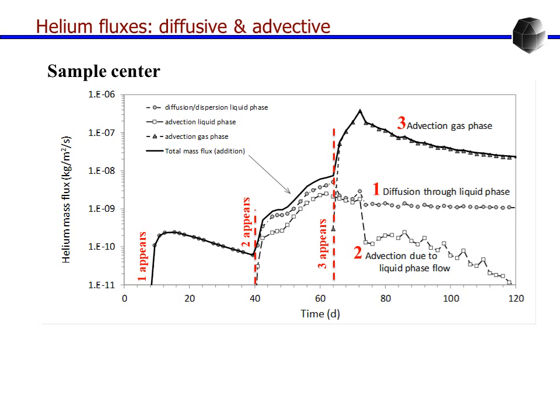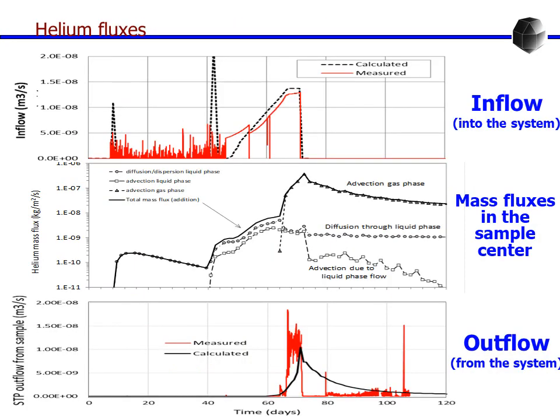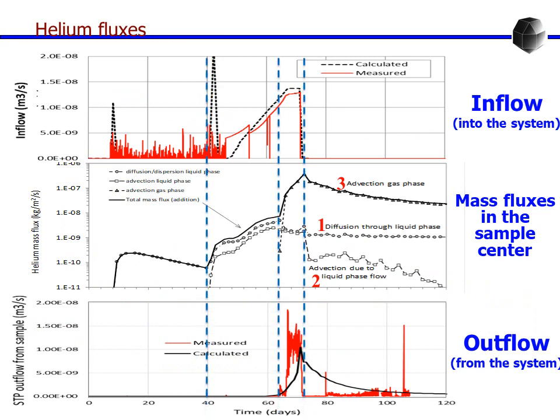As I said, this is by a preferential path. This is very much connected. The interpretation of these gas flow mechanisms is very consistent with what happens in the boundary conditions of inflow and outflow.